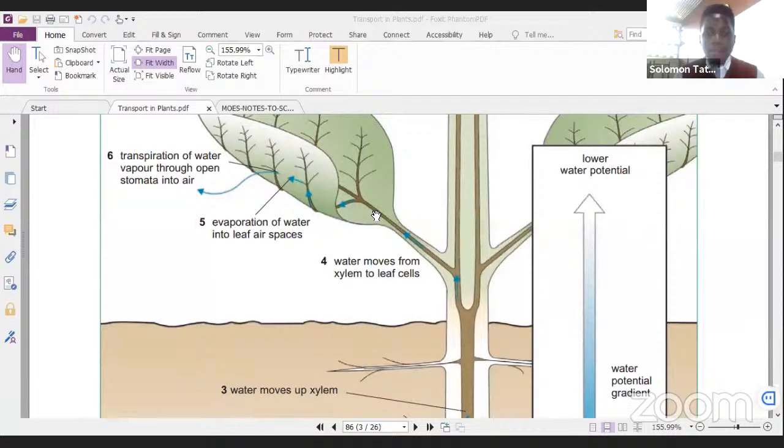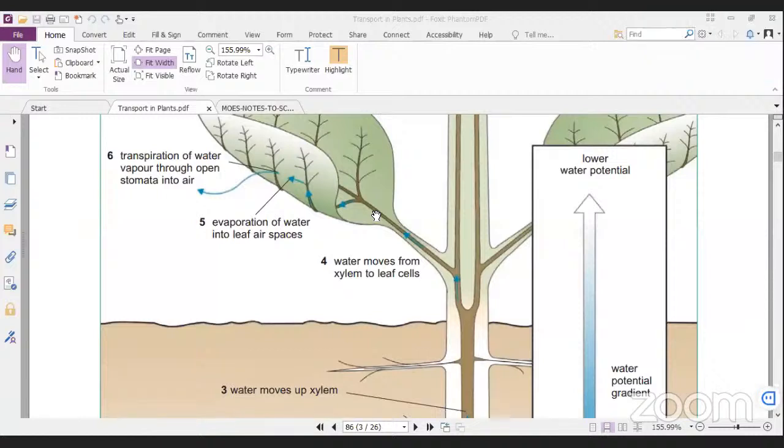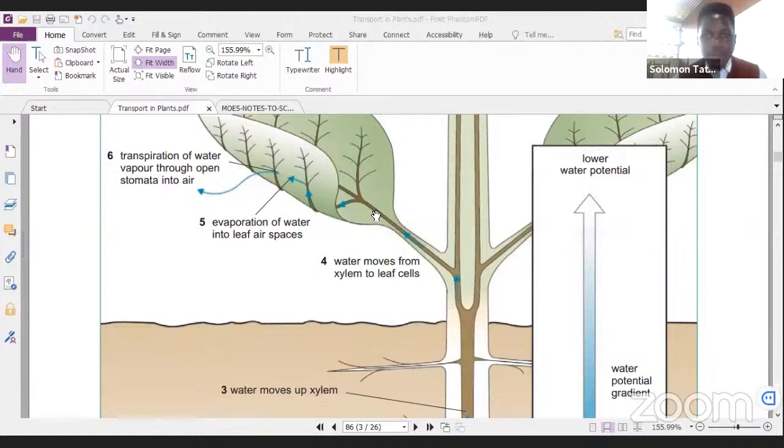Yes, Maria. Transpiration is a process of water loss in form of water vapor to the atmosphere. Okay, good job.